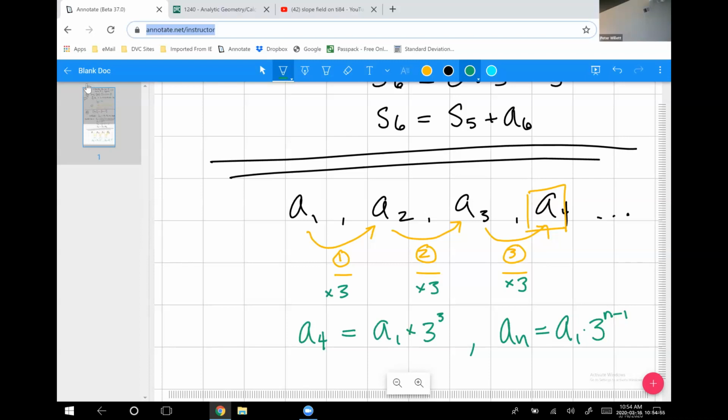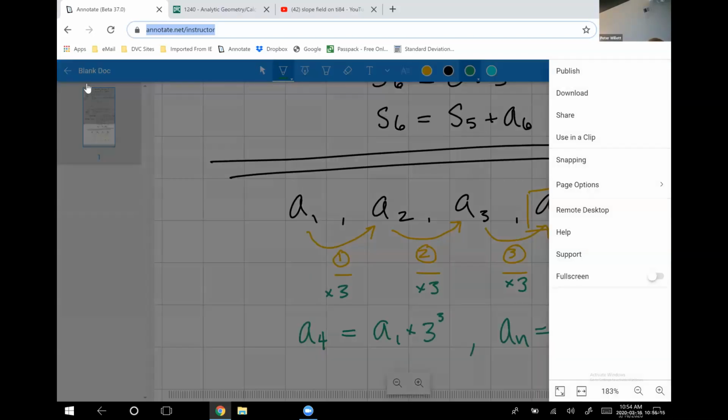Sounds like a word problem. Other questions at all so far about anything up to this point in talking about series and sequences? Okay, I'm going to clear this page.